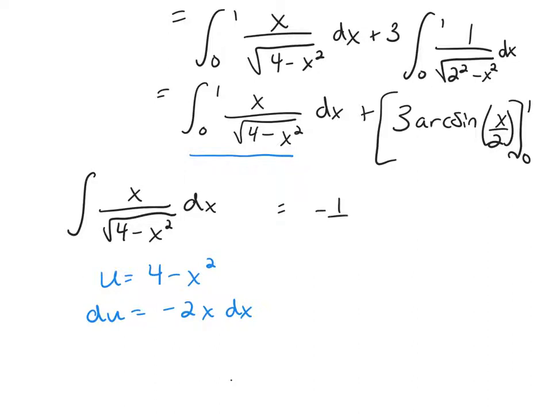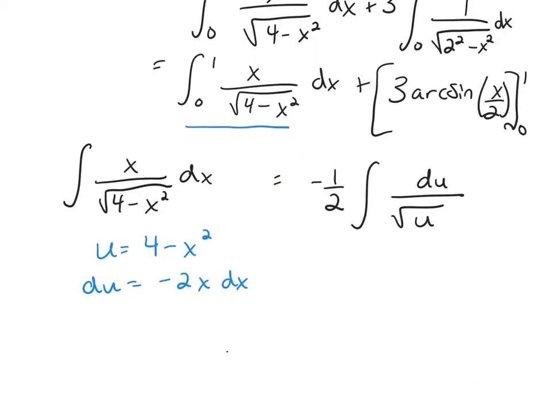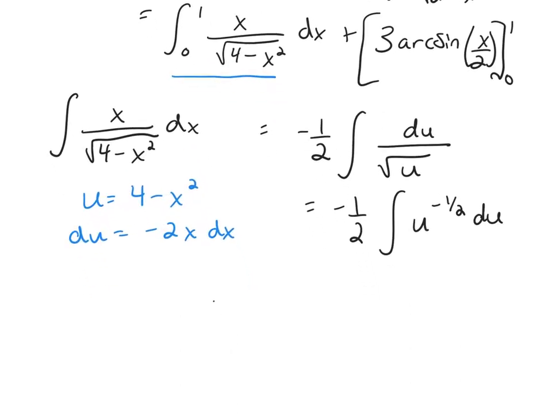So you'll get a negative 1/2. The integral x dx will become a du, and the square root of u in the denominator. So then I would move up the square root of u into the numerator. This will be the integral of u to the negative 1/2. It's negative because it was in the denominator.